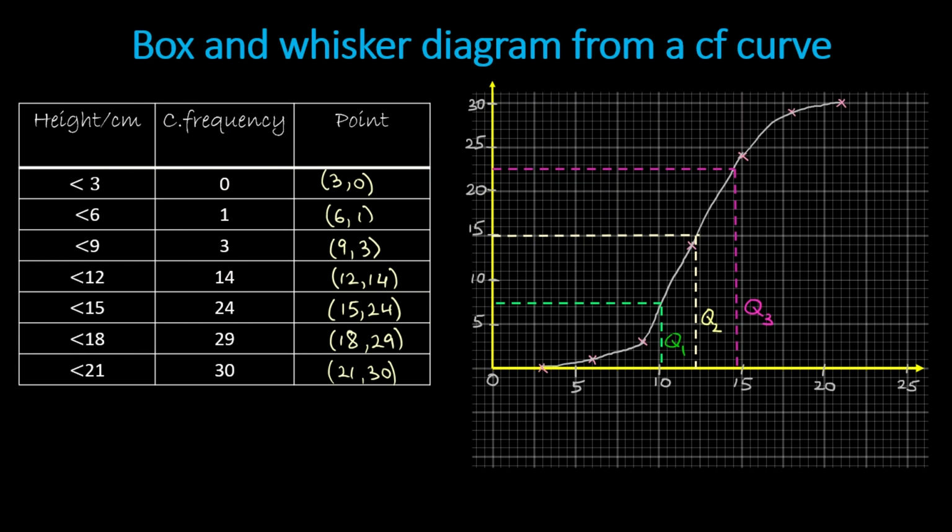We start with the lower quartile. So the lower quartile is at 10. So we extrapolate the lower quartile, right? So this becomes the first boundary of the box at 10.